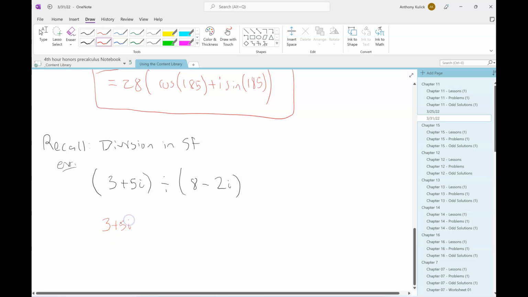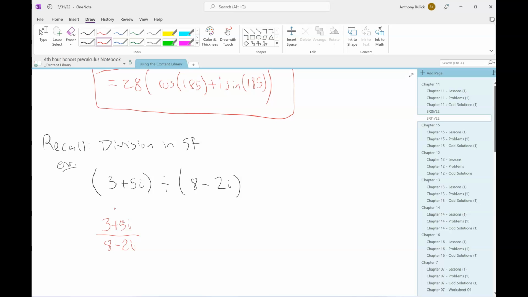The way that we want to think about this is really just as a fraction. So we'll think about it like that. Again, just dividend over divisor, excuse me.